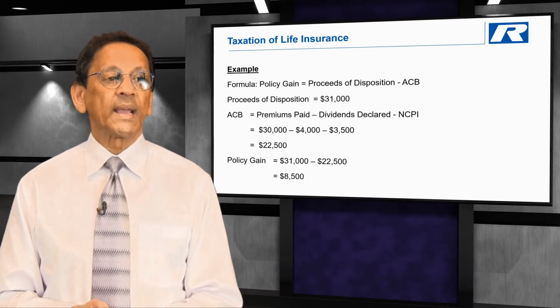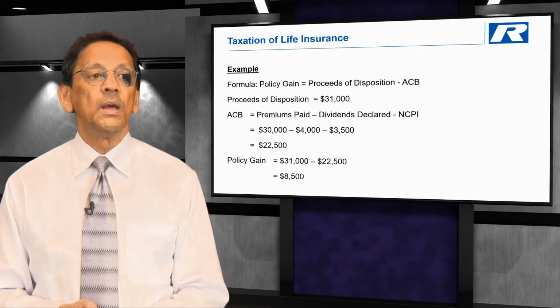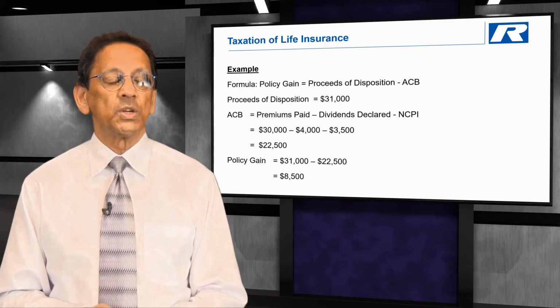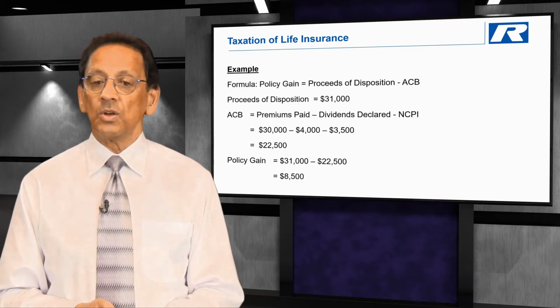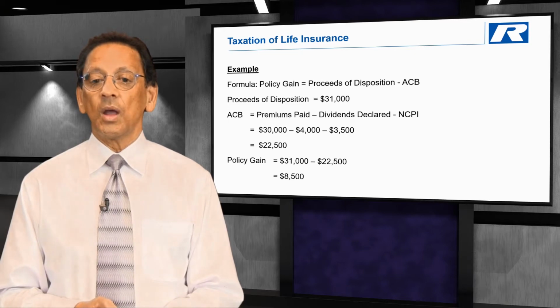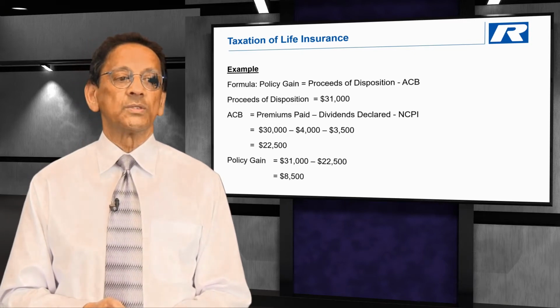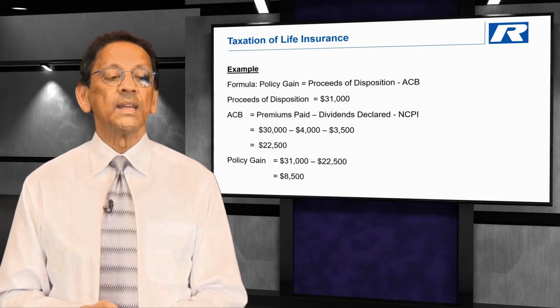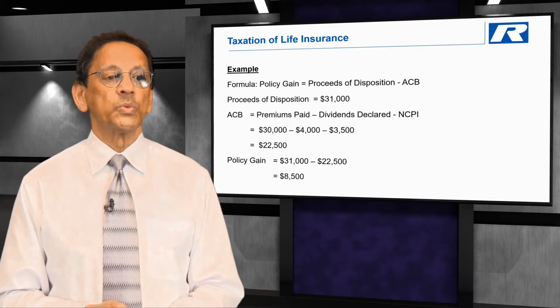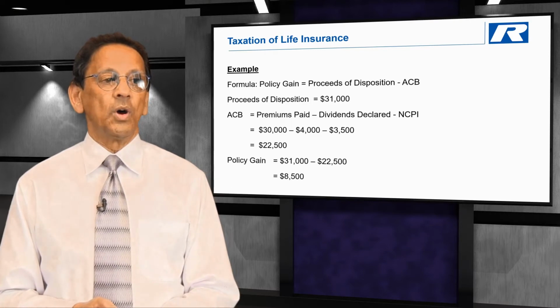And so let's go back and look at the total premiums he paid. He's had the policy for 15 years at $2,000 a year, so he has put in $30,000. However, we must take out any dividends that he got back, and he received $4,000 in dividends. In addition to that, we need to take off the NCPI, which we are told is $3,500.